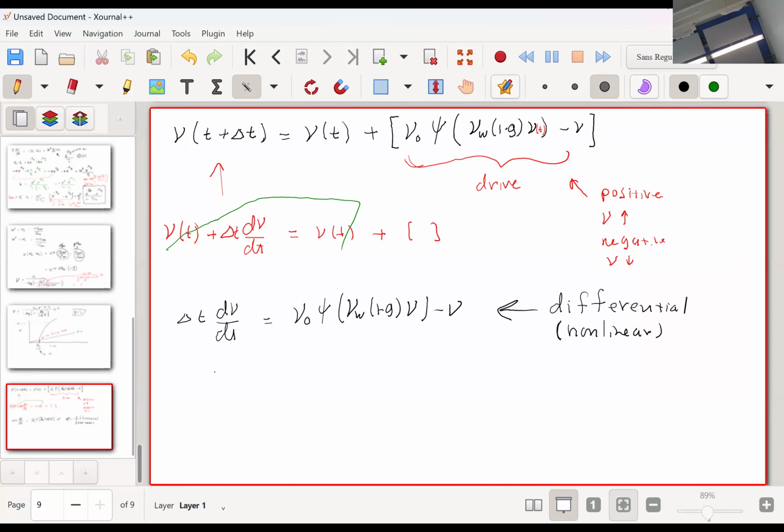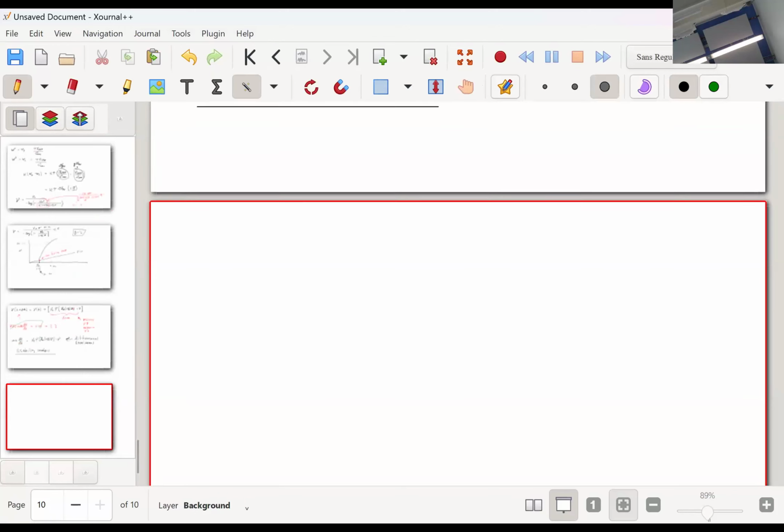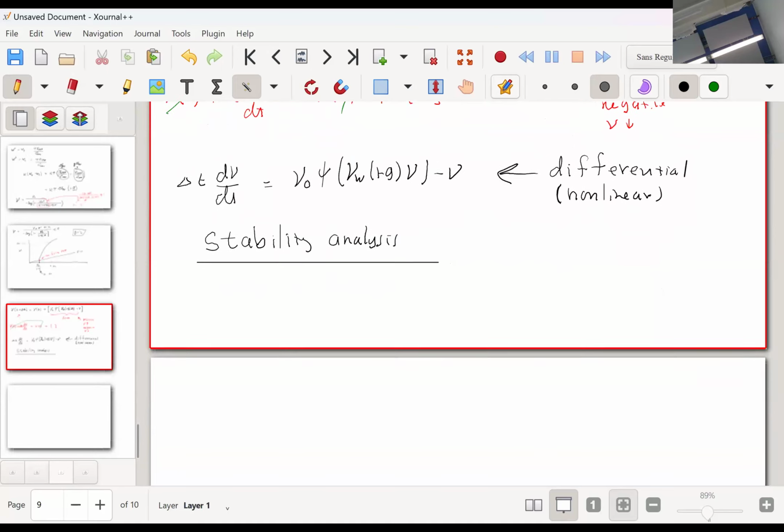We're going to now do stability analysis, and what we're going to do is assume an equilibrium and ask about the dynamics nearby. This is a classic technique that you guys should know about. Hopefully you've seen it at some point in your life, because it's not exactly straightforward.